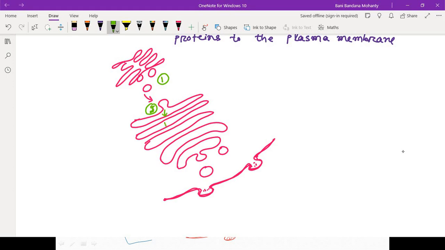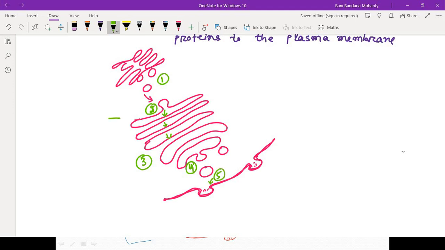They are processed inside each step. This is the third step, and the fourth one, the bud off, this is 4. And this was 5th. This enters here.